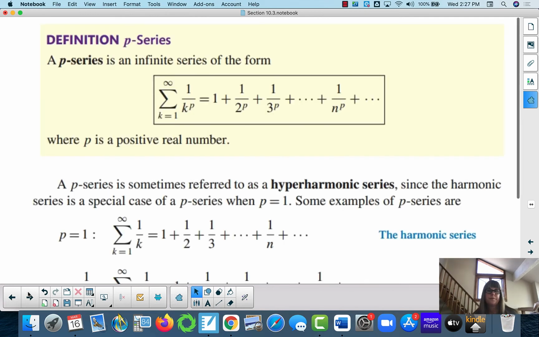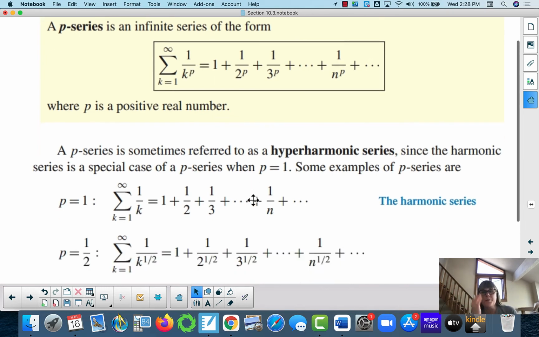All right, so the integral test is one that you can use on a lot of series to check to see. We have this new series now called a p-series, and we can actually use the integral test in order to prove the conditions of a p-series and how we know whether a p-series is going to converge or diverge.